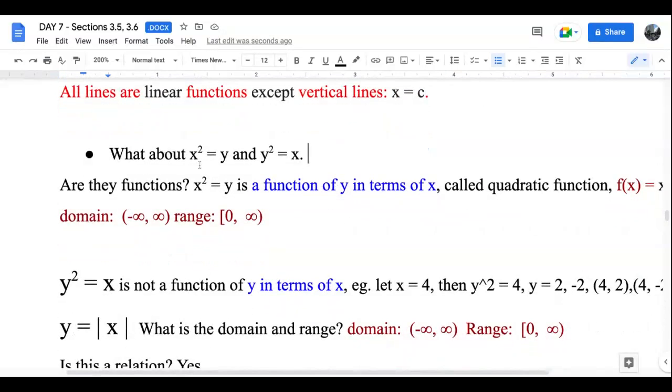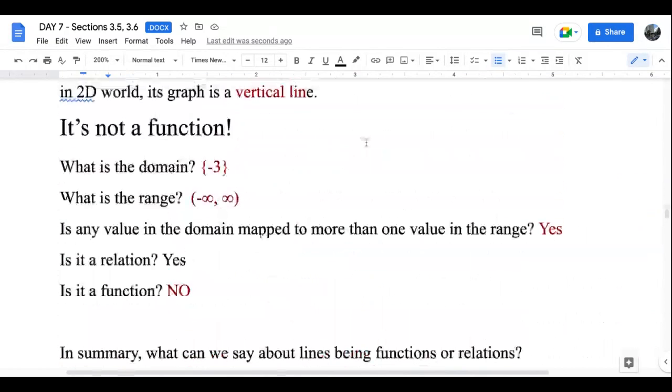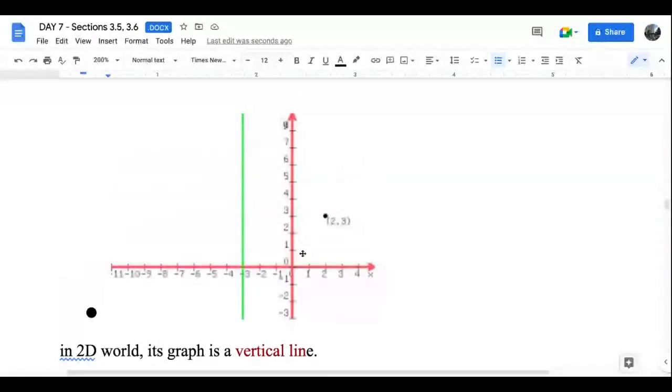But now let's see this one. We read the number line from left to right and down to up. We see the x-axis and the y-axis intersect at the origin. Remember, the real number line has 0 in the middle.